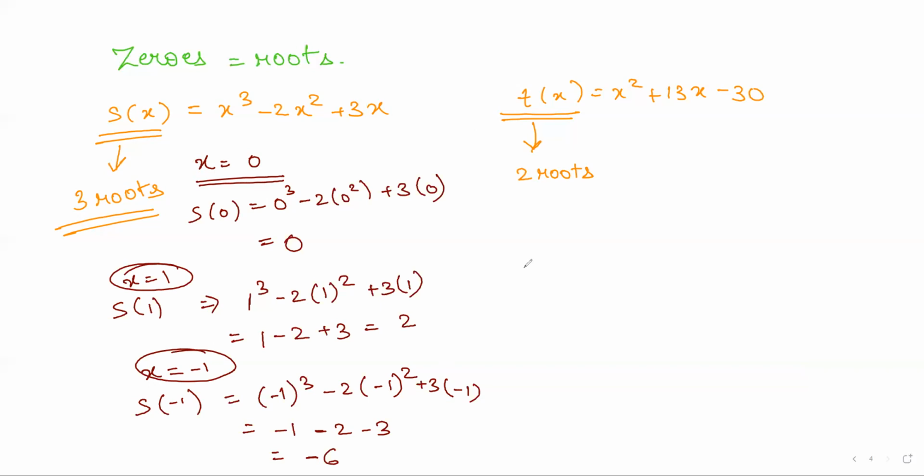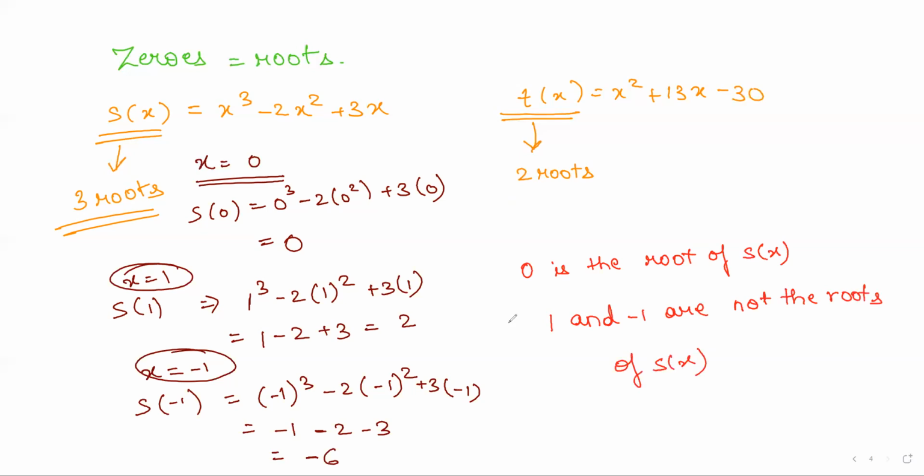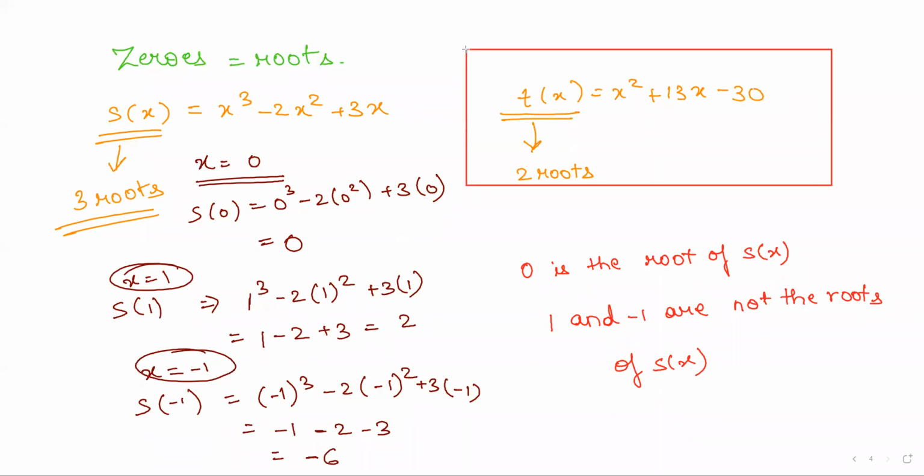So we can say that 0 is the root of s of x, and 1 and minus 1 are not the roots of s of x. Next, let's consider this example on the next page.